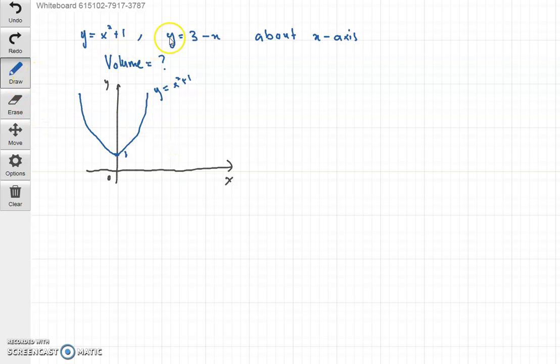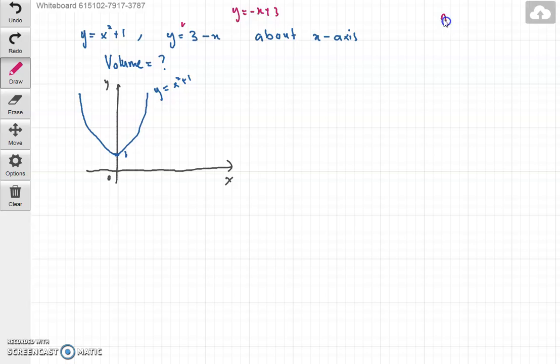Okay, so let's use another pen for us to find the y equals 3 minus x. I think red pen should be suitable here. So y equals 3 minus x is basically referred to the straight line equation, which we can write as y equals negative x plus 3, y equals mx plus c. So then you can see that we are going to have the intercept at y, which is positive 3, and it will be y equals negative x.